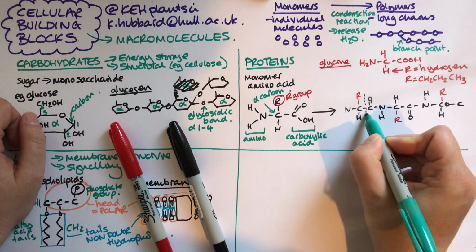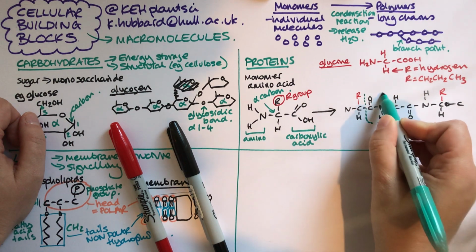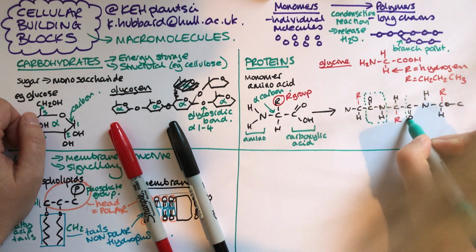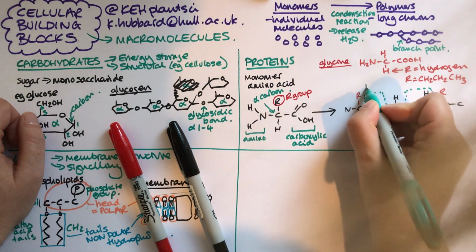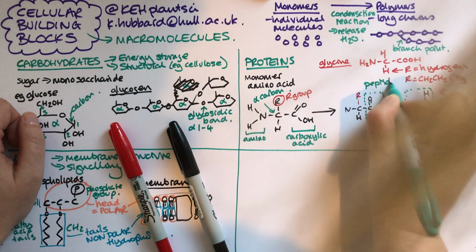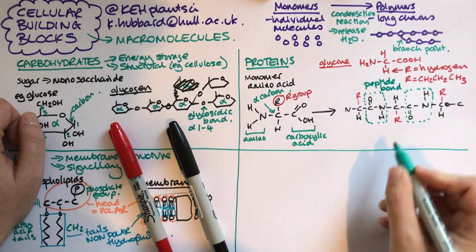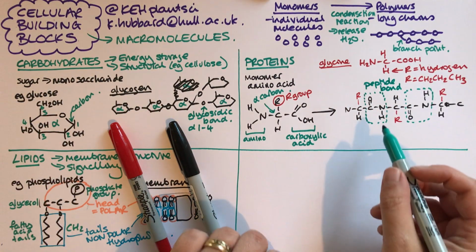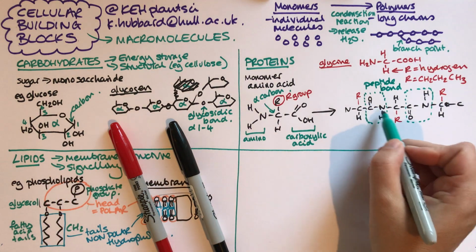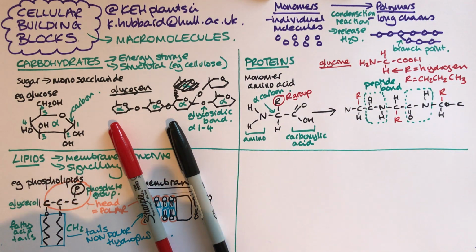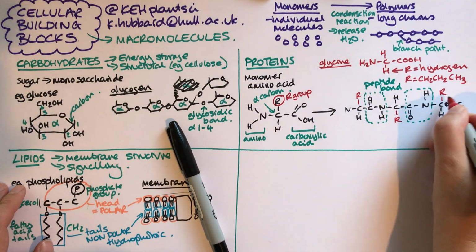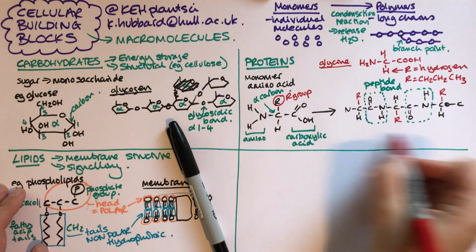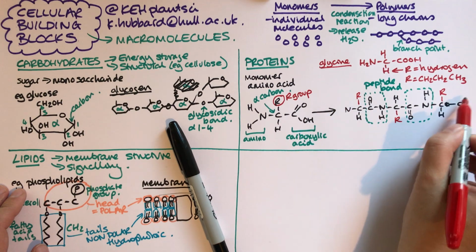So this in here, and this in here, are what we call a peptide bond. Every time an amino acid links together, we've got C double bond O, N, H, that's our peptide bond. And you notice that the R groups, which are the most important things really for thinking about the function of the protein, stick out either side each time.